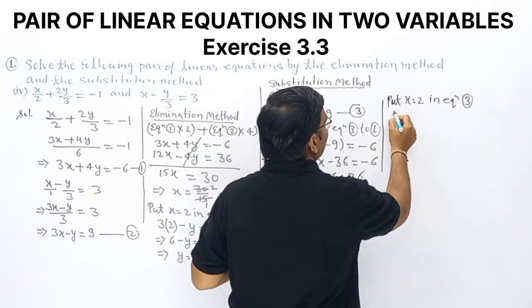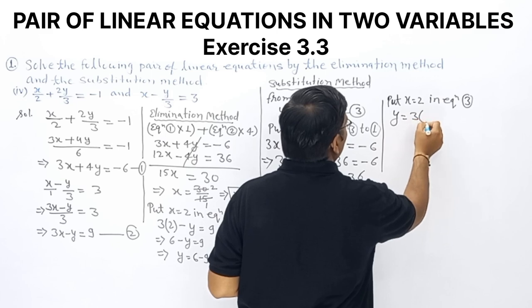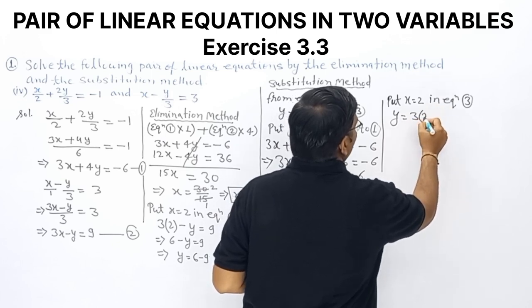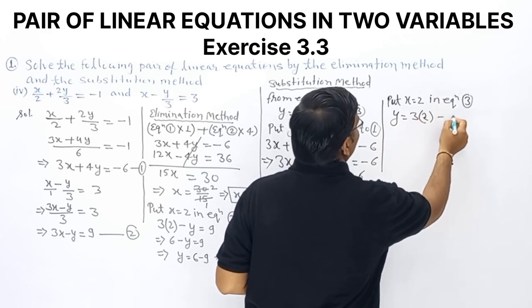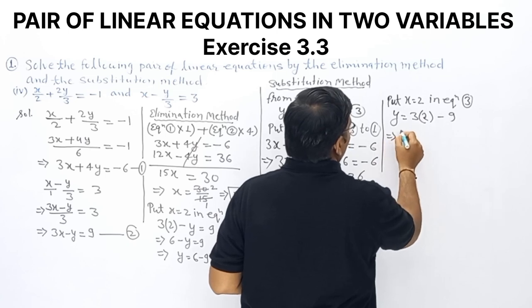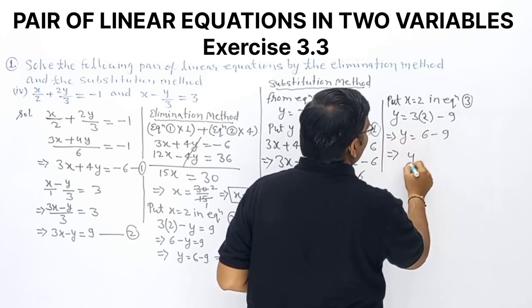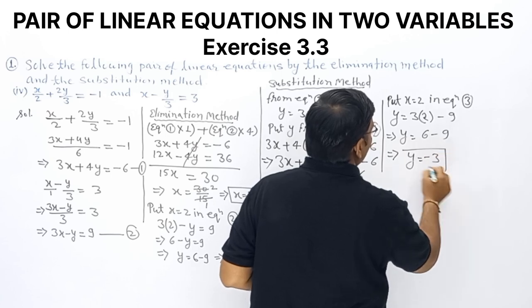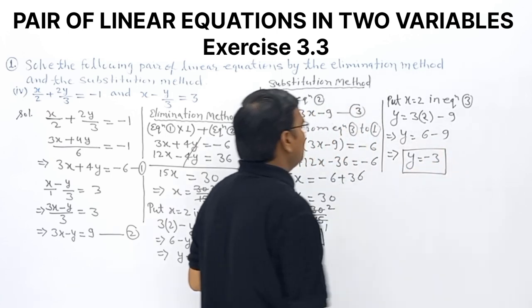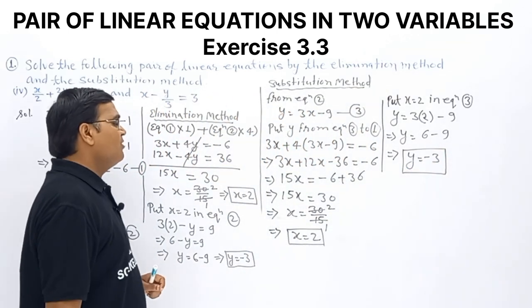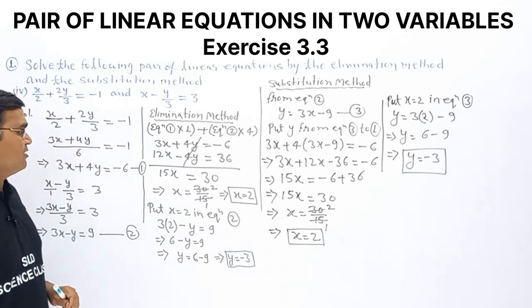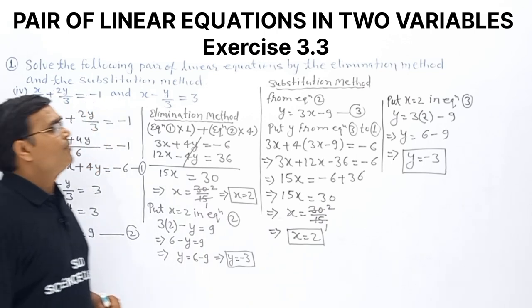Then what are we getting? Y equal to 3 times x, and x is 2, minus 9. Solve. Y equal to 6 minus 9. What are we getting? Y equal to minus 3. So by using substitution, again we are getting the same values of x and y: x equal to 2 and y equal to minus 3.